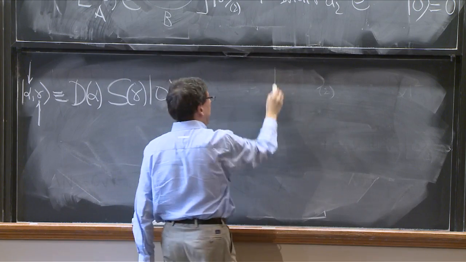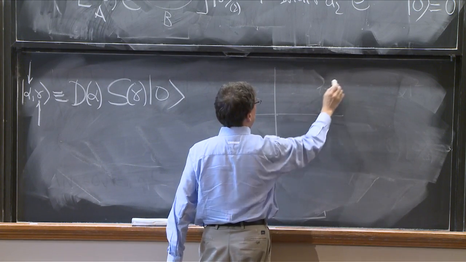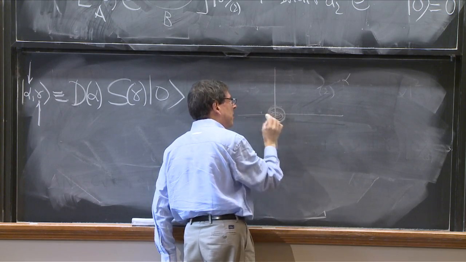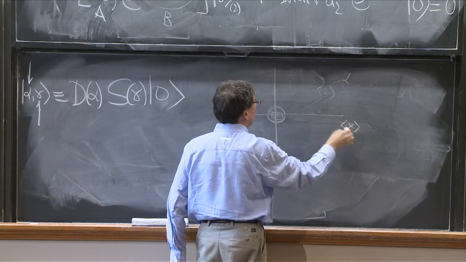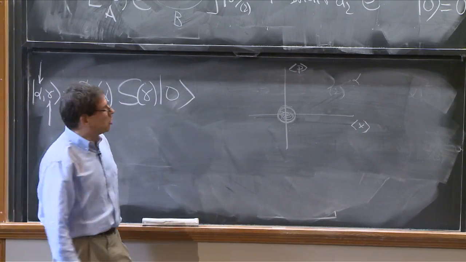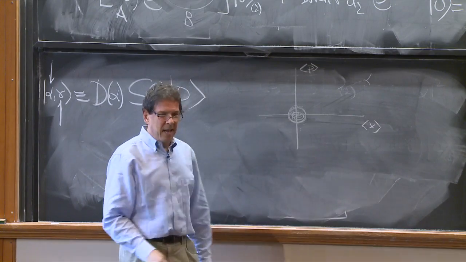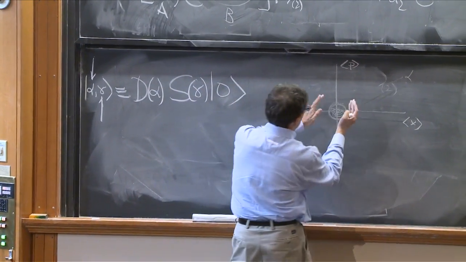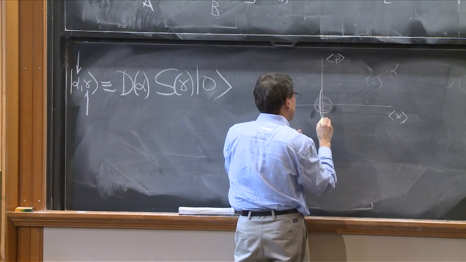One picture of that is in our alpha plane. You take the vacuum, that is some spherical ball here in the x expectation value, p expectation value. You squeeze it. You might decide, I don't want to have too much delta x. So you squeeze it and you produce something like this.